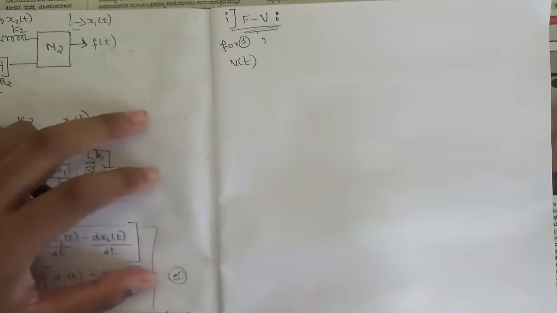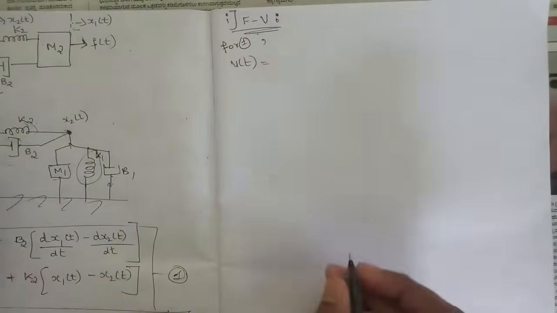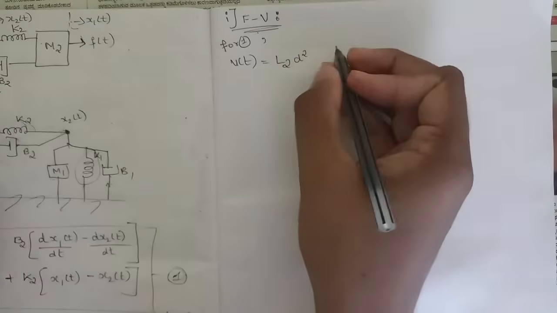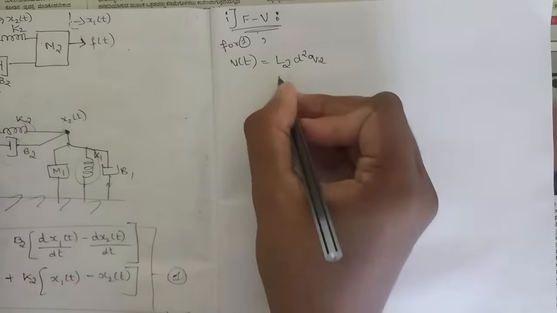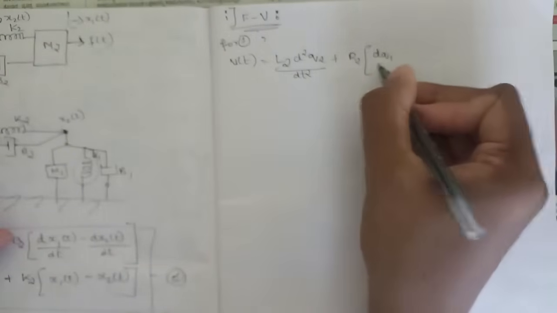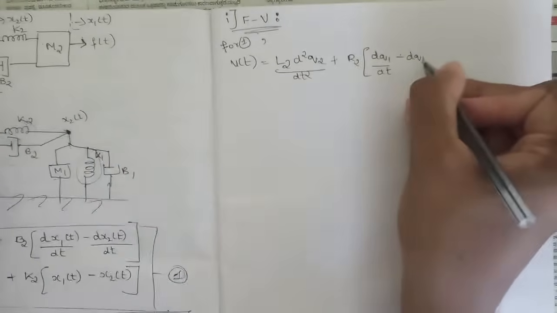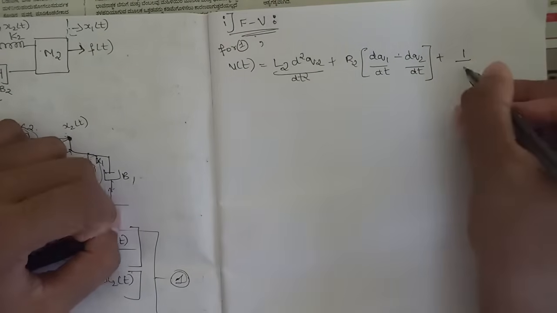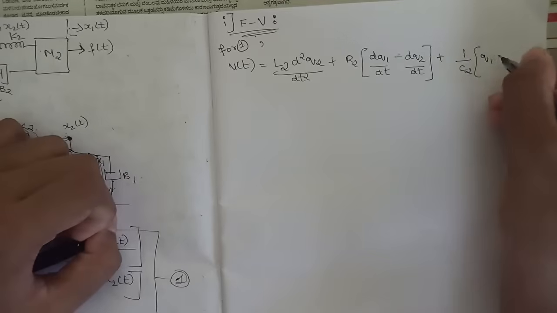Force is replaced by voltage, so write v of t is equal to, M2 is replaced by L2 d square q2 by dt square, plus b2 is replaced by r2 into d q1 by dt minus d q2 by dt, plus k2 is replaced by 1 by c2 into q1 minus q2.